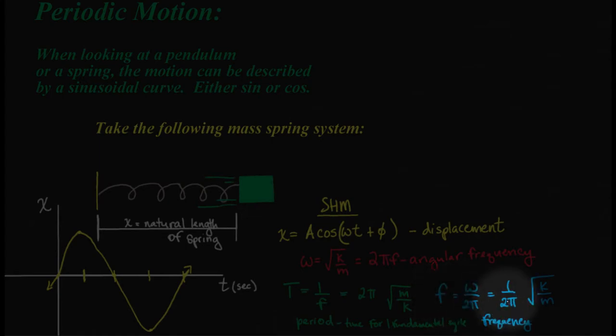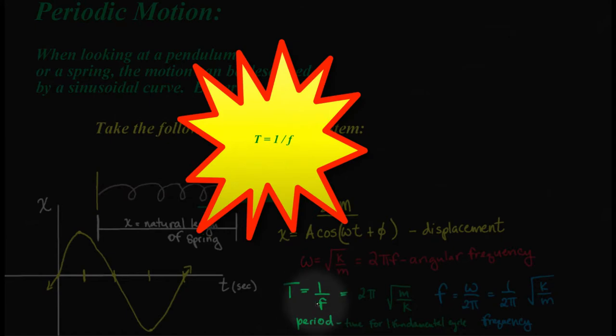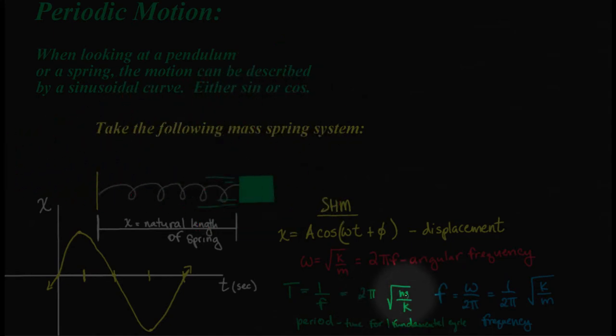Frequency equals 1 over 2 pi times the square root of k over m. And since frequency and period are reciprocals of each other, if you flip this over, you get the period, which is the time for one fundamental cycle: 2 pi times the square root of m over k.